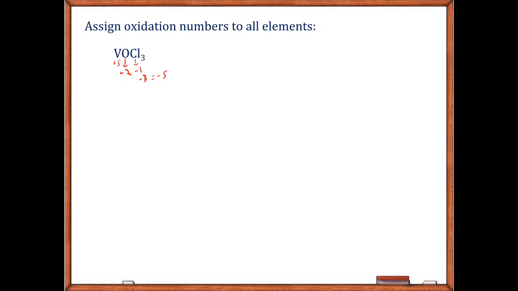So it's important to note here, if I was going to ask you the individual oxidation state of something like chlorine, what you wouldn't tell me is -3, unless I asked you the total oxidation state of all the chlorines in the molecule. But if I just ask you the oxidation state of chlorine in this molecule, you're going to say -1.